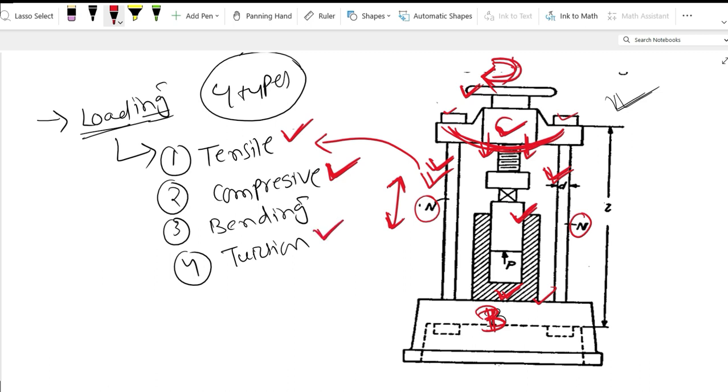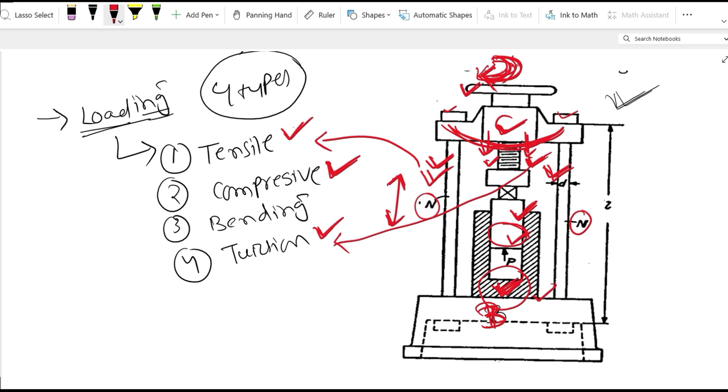Then because of this movement of the handle, this screw is undergoing torsion loading, and because of this torsion loading, we observe shear stress on the rotating member. So this specimen and this bottom portion are getting compressed.